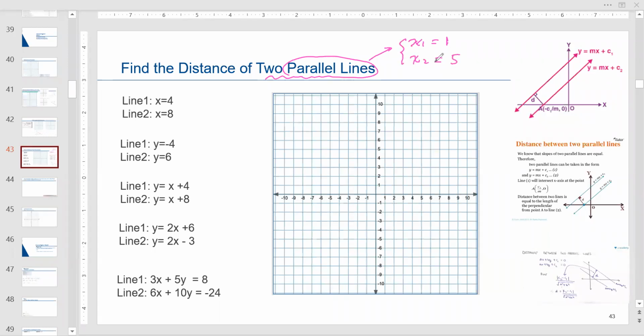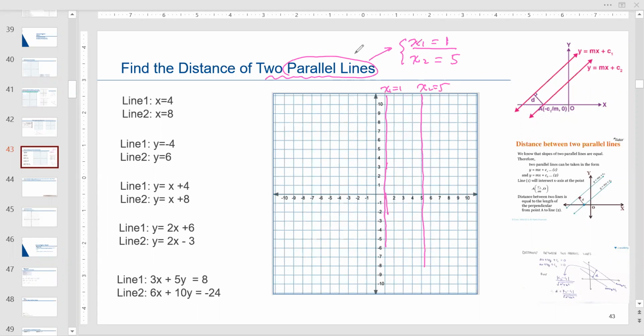This line is called a vertical line, right? x equals 1 is like this here, and x equals 5 is right here.